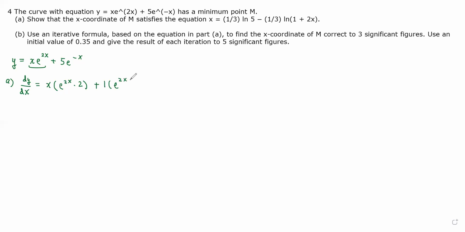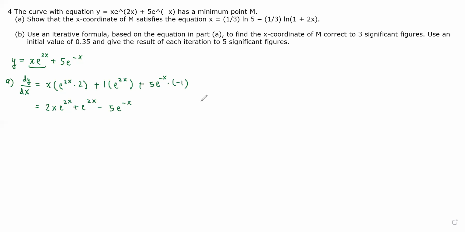Then we keep e to the 2x. For this part here, we have 5e to the negative x times negative 1. We have to apply the chain rule because of the negative x. dy/dx is 2x e to the 2x plus e to the 2x minus 5e to the negative x.